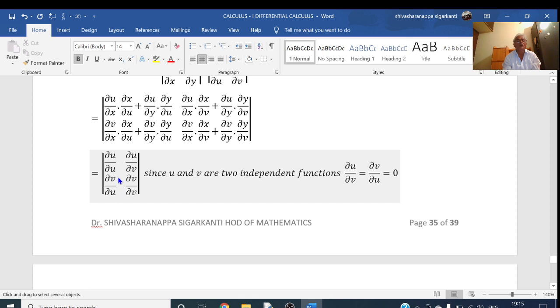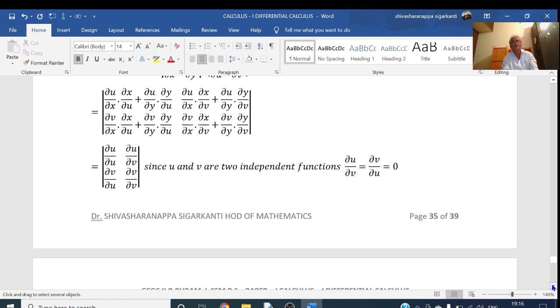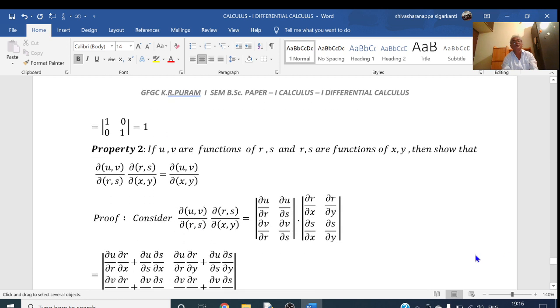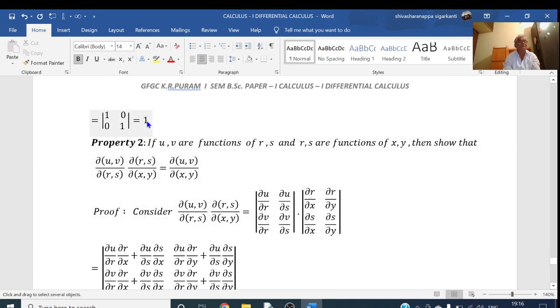Similarly, v is not depending on u, therefore ∂v/∂u is also equal to 0. So what I am getting here is the determinant with rows 1, 0 and 0, 1. Expanding this, I will get 1 minus 0, so it is equal to 1, which is the right hand side. We are getting this is equal to 1.